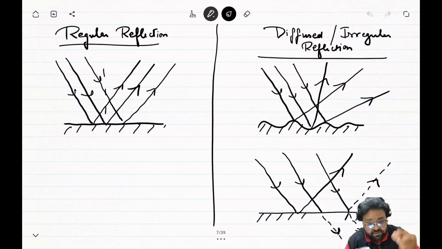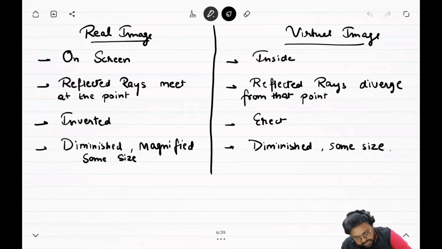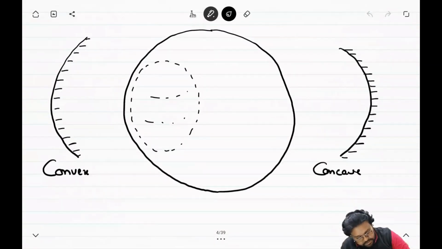So if the polish is not proper, or if the surface is wavy, like the mirrors you have seen in a mirror maze in fairs, in both cases we don't get a perfect image of the object, and that type of reflection is diffused reflection. So there are two types of reflection, regular and diffused. Now if we talk about spherical mirrors, there are two types of spherical mirrors, convex and concave.